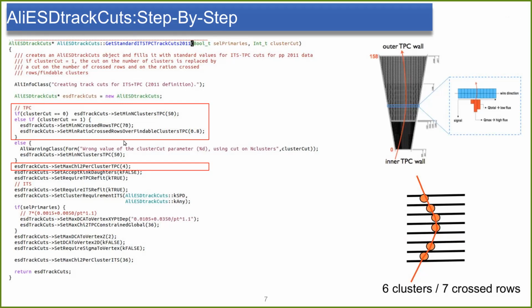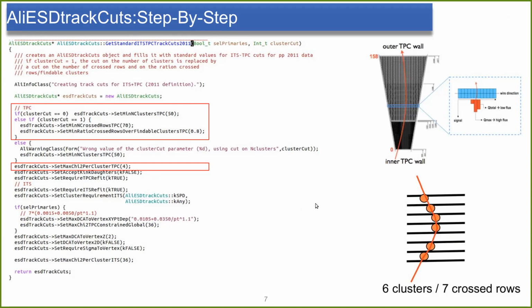Now we have another condition, that we fix the maximum chi-square per cluster TPC equal to 4. What does this mean? This TPC is basically used for the tracking. How do we do the tracking? We do the tracking by the Kalman filter algorithm, where we fit the hits in the detector and try to reconstruct a track.